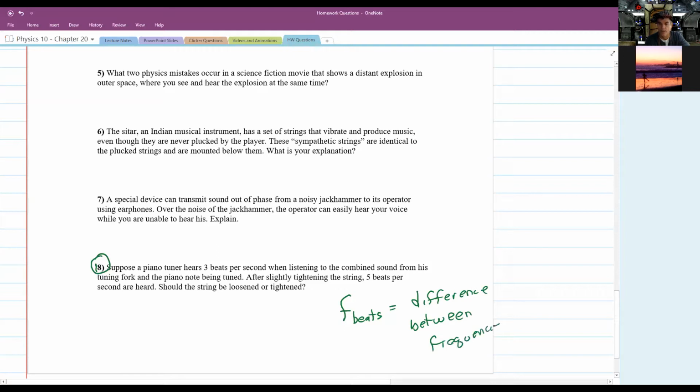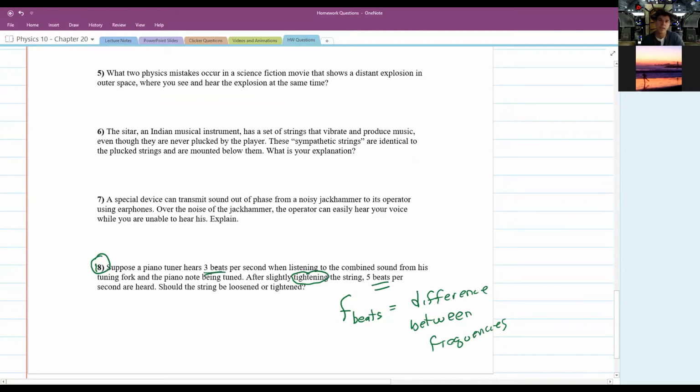So if in the process of tightening or loosening a string, I hear more beats per second, that means I'm getting farther away from the frequency I'm trying to tune, which means I want to be doing the opposite. So here, if I tighten the string and now I hear 5 beats per second instead of 3, then I'm getting farther off.